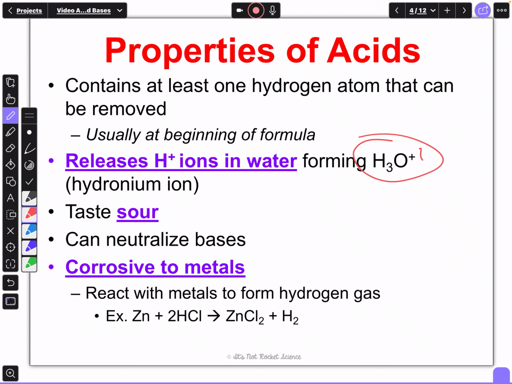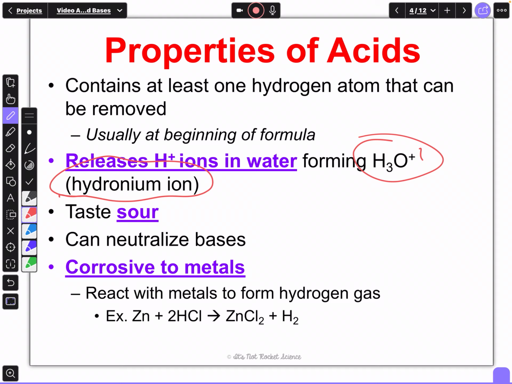That's called the hydronium ion. Now, they taste sour. Hopefully you're not tasting any strong acids, but if you taste something like an orange, it has a little bit of a sour taste. They can neutralize bases. What that means is it can bring a base's pH to neutral. We'll look at that again in some more detail in a minute.